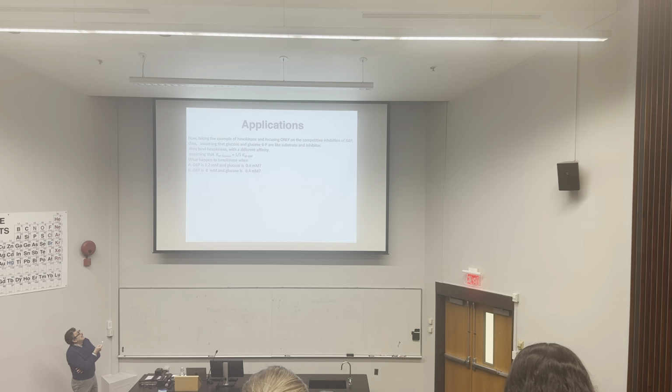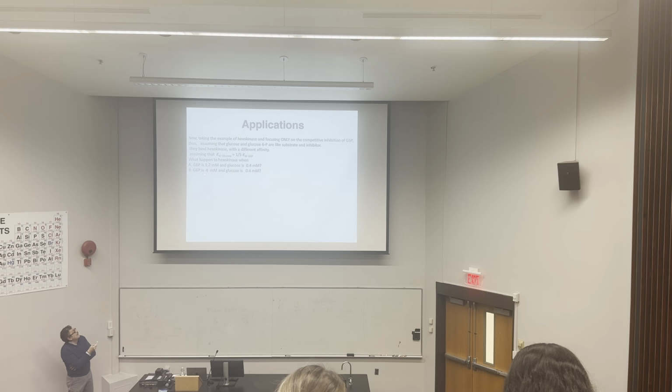So if we have 1.2 versus 0.4 and 4 versus 0.4, now it becomes relatively simple. This one is 3 times more than that, while this one is 10 times more than that. Okay?